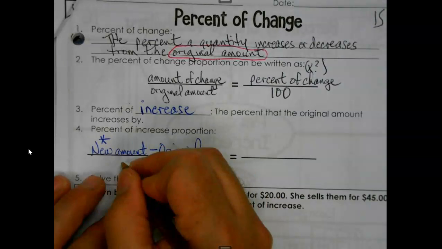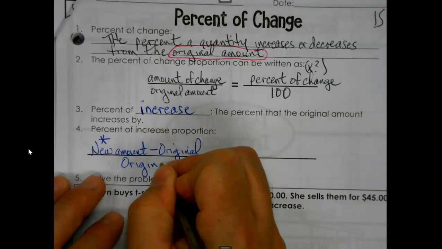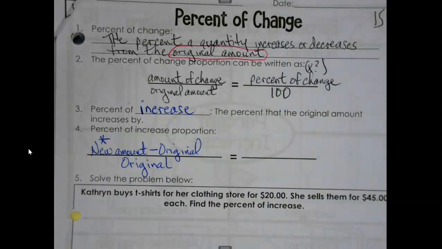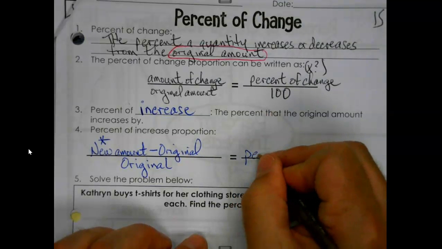So a little bit of math work to do before we even do the math work. That's kind of interesting. It'll make more sense when we start putting numbers in here in a minute. And we're going to divide that by the original amount. So again, the number on top will end up usually being smaller than the number on the bottom, but we never know. And then the second fraction is going to be the same.